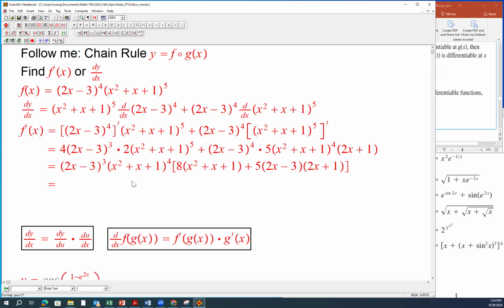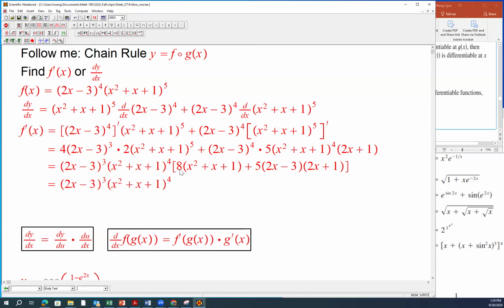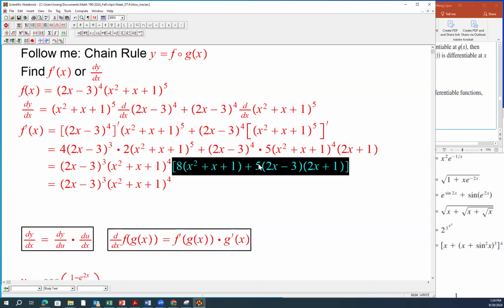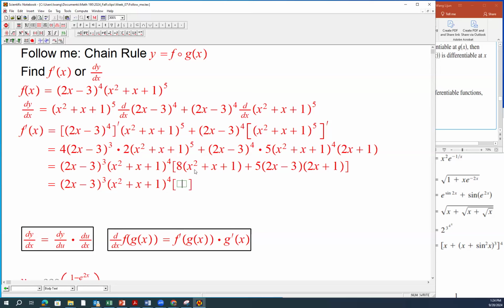Next, we're going to keep the factors out. And we're just going to simplify inside the bracket. It looks like we can simplify inside the bracket by multiplying 8 with everything inside, x squared plus x plus 1. So this is going to be 8x squared, 8x, 8. Plus, we're going to FOIL this piece.